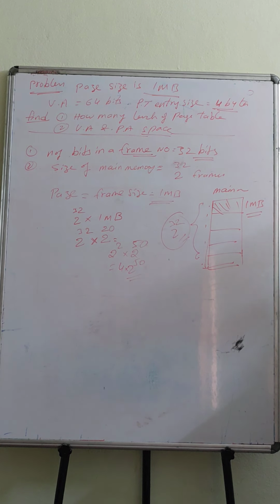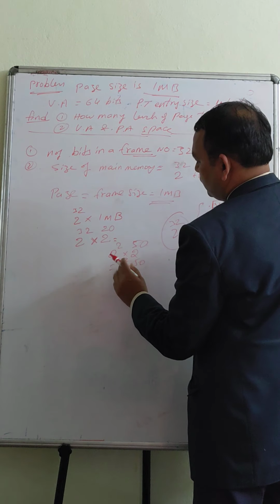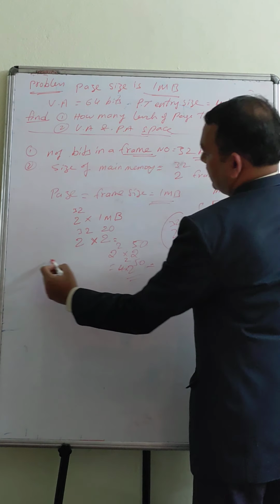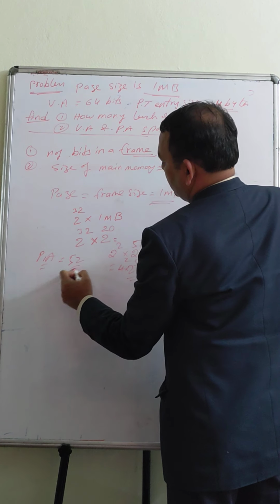So we need 52 bits. Totally, my dear friends, the number of bits in physical address is 52. So for physical address, we need 52 bits.